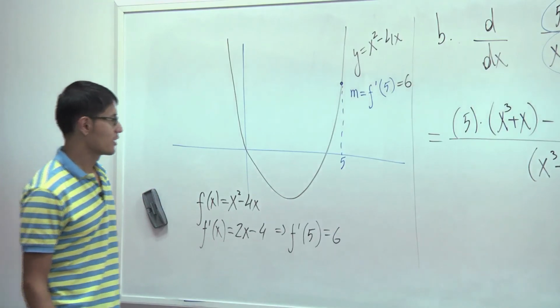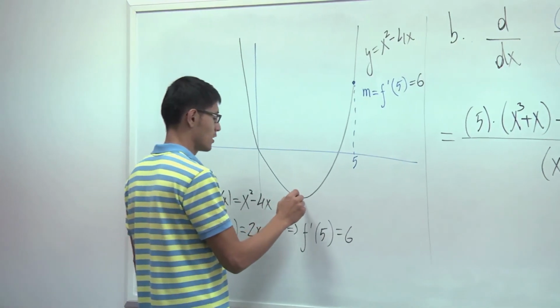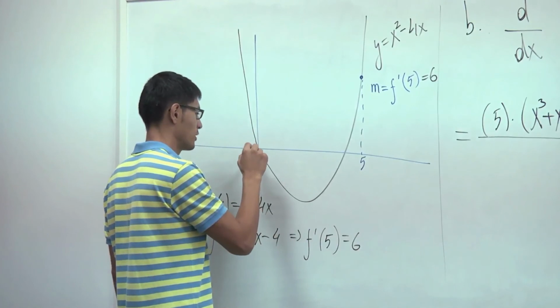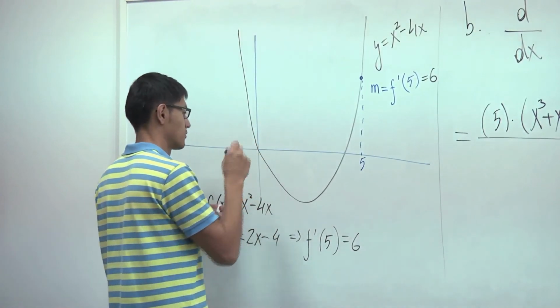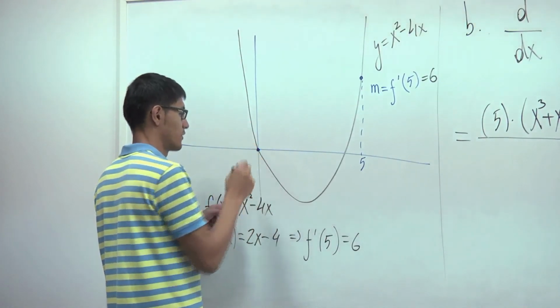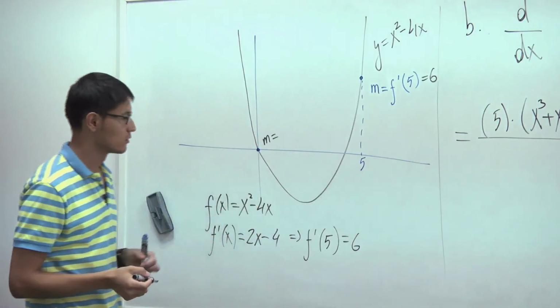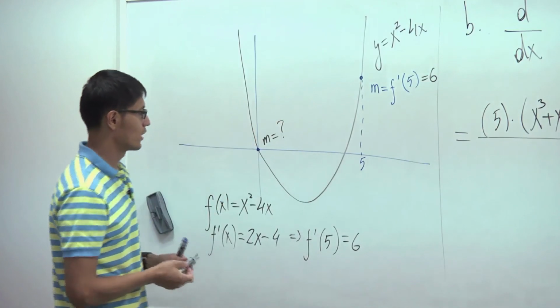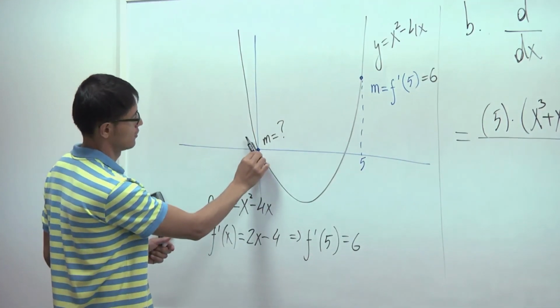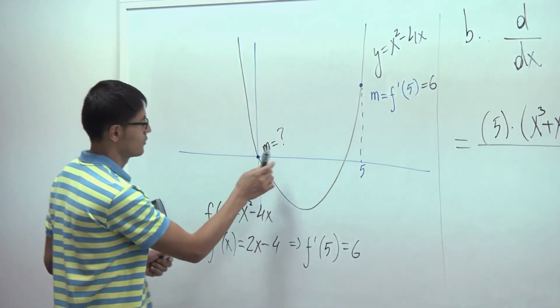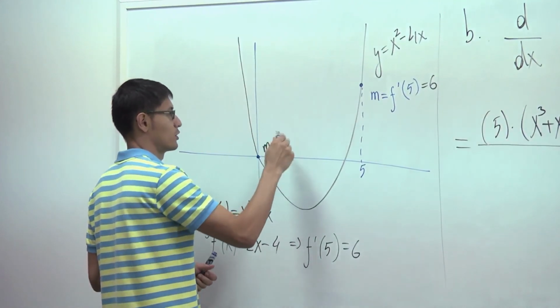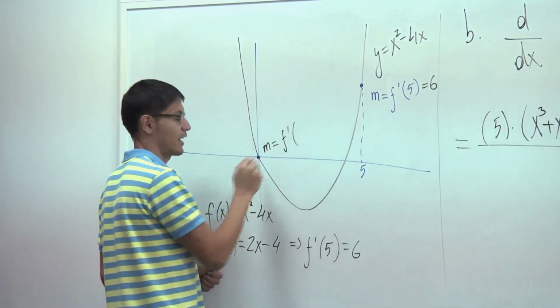Okay? If I pick this point on the graph, and want to know what's the slope, well, again, use the same idea. We know the slope is given by the derivative at the x-coordinate.